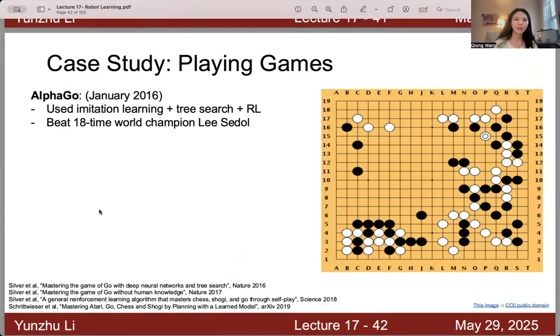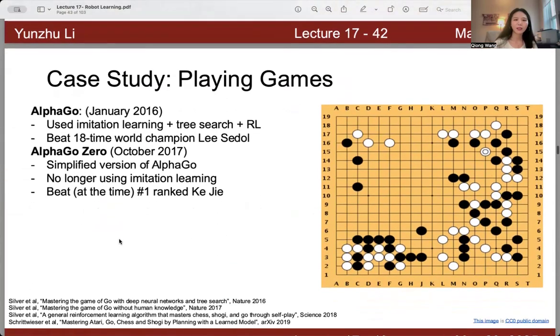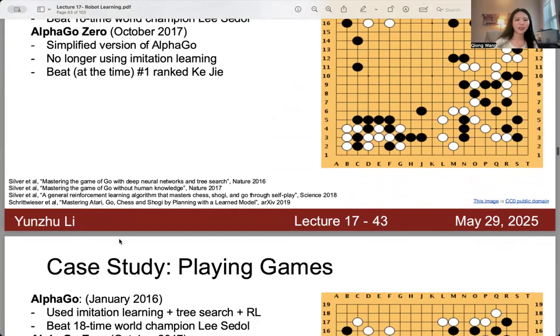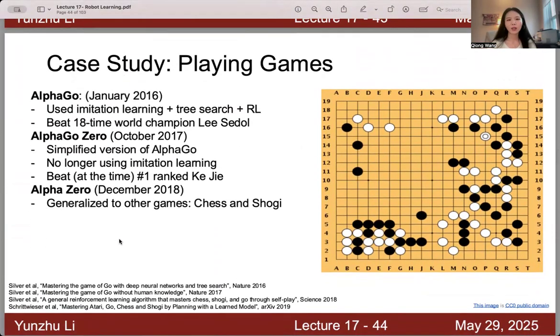It could beat the 18-time world champion. In October 2017, AlphaGo Zero came, and it beat the number 1 ranked player. In 2018, AlphaZero came and generalized to other games.